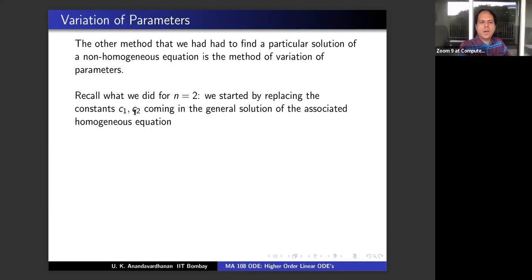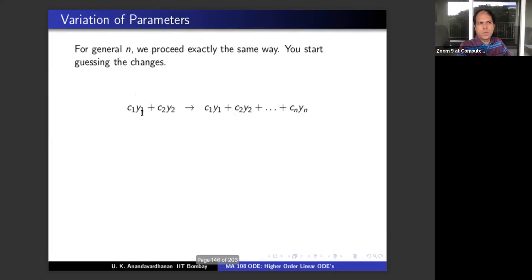I just need to get C1 and C2, and I need to change them by V1 and V2. So this method can work even in the non-constant case. So whenever you can solve a homogeneous equation, in all those cases you can apply variation of parameters. Agree? So it's a beautiful method.